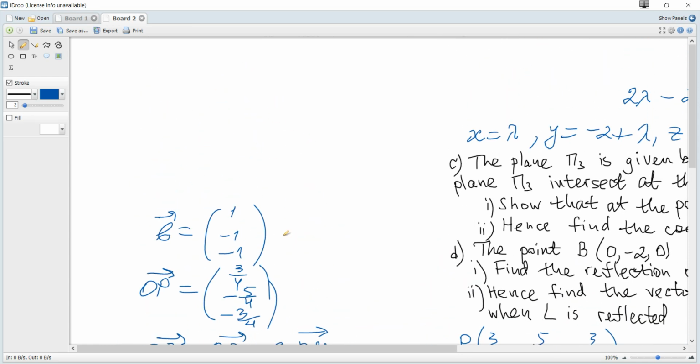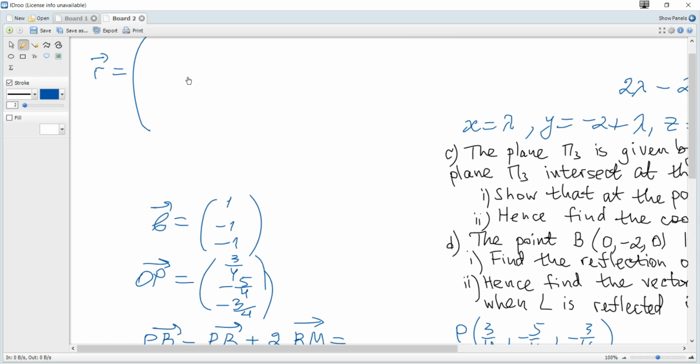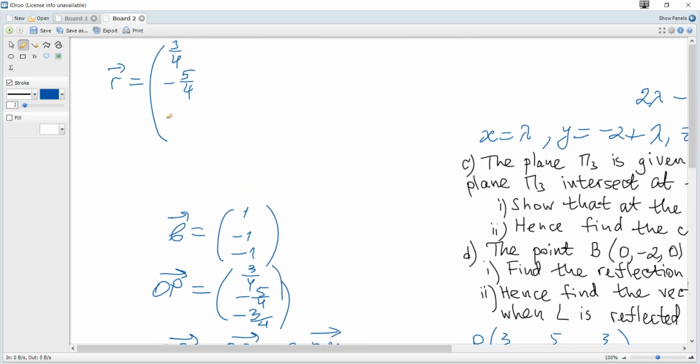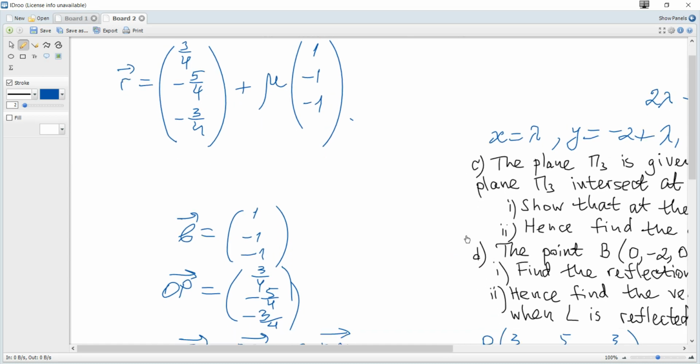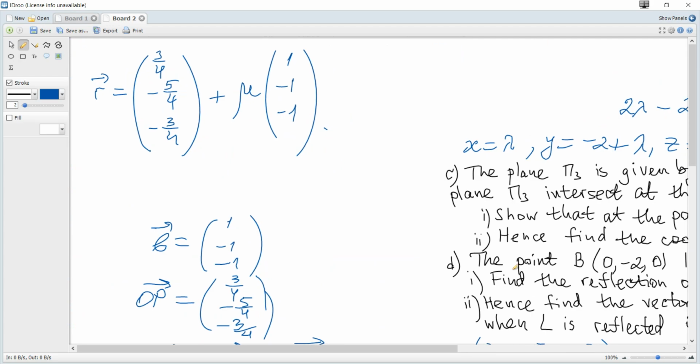Hence the equation of the required line is r = (3/4, -5/4, -3/4) plus some parameter times the direction vector (1, -1, -1). And that's all for this question.